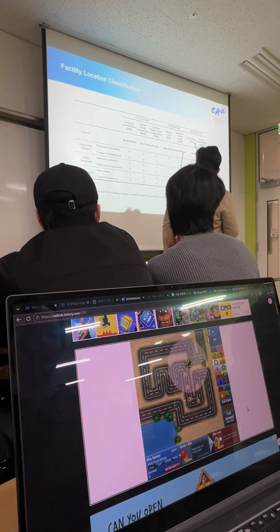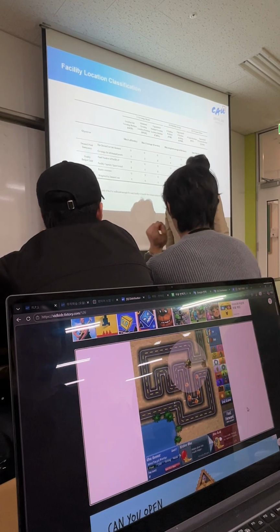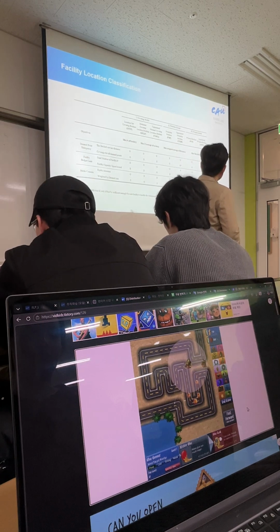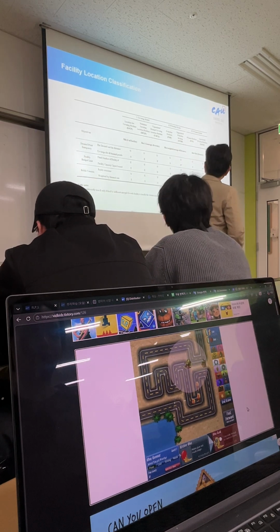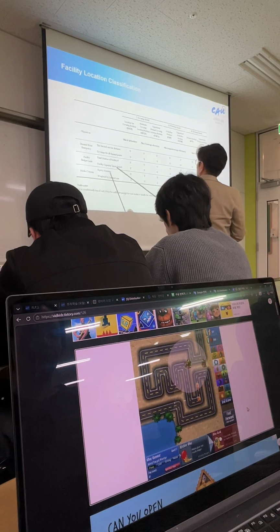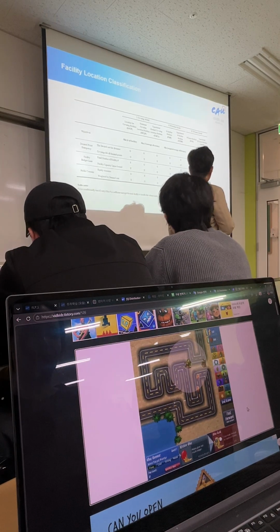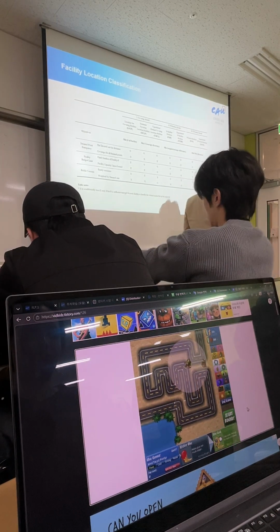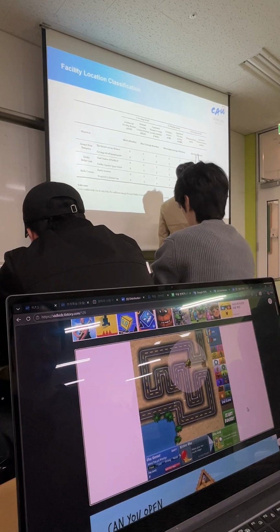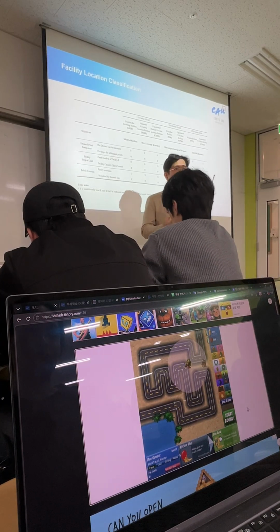And the last one is the P-center program. That is the different objective function. So we call it minimax. The distance. Minimax. What is the minimax?